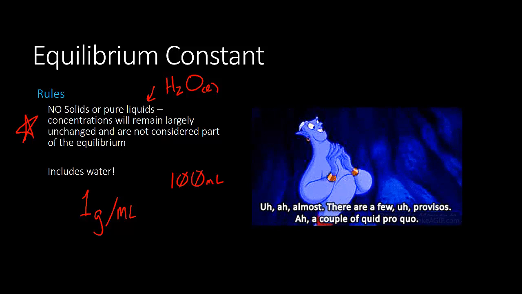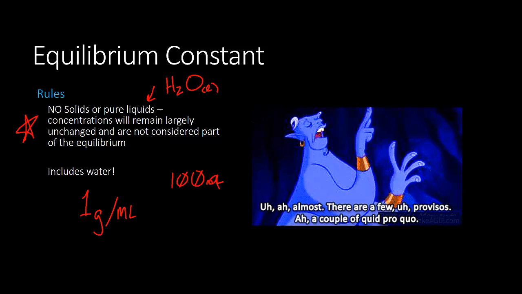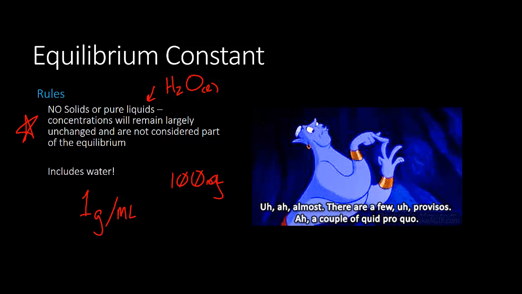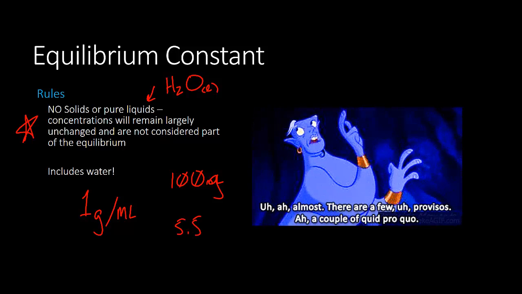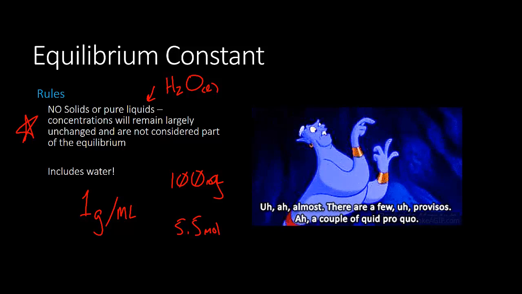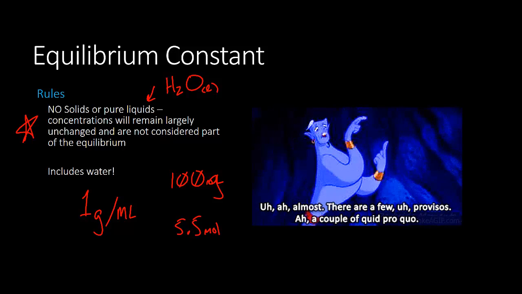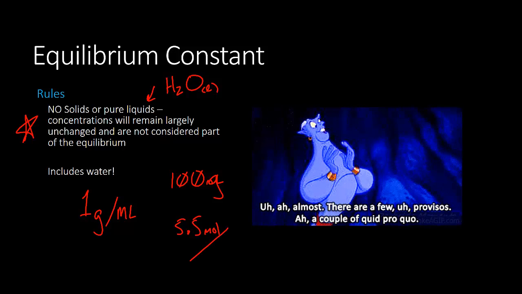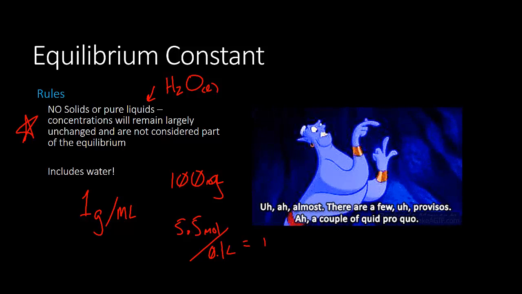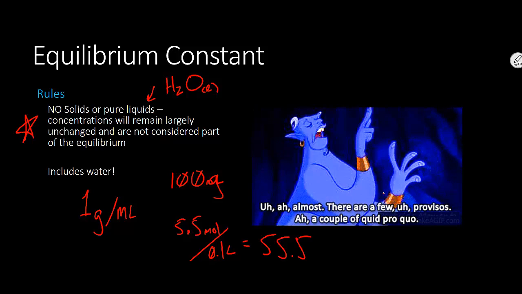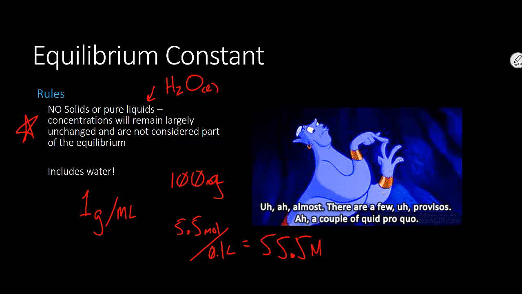If 100 milliliters of water are in your reaction, that means you have 100 grams. 100 grams of water would be about 5.5 moles of water. 100 divided by 18 is 5.5. And at 100 milliliters, or 0.1 liters, that means your water's concentration is 55 molar.